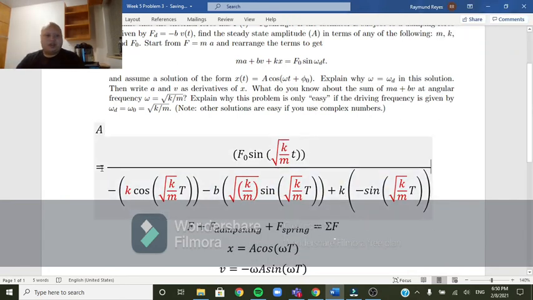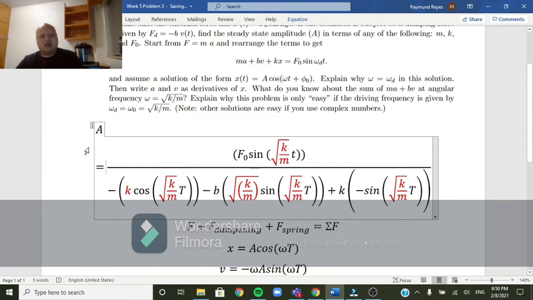And now this is the answer that I got. This could be different for you guys since I'm not really good at physics, but you should get something similar to this. So there you go, this is the steady state amplitude.